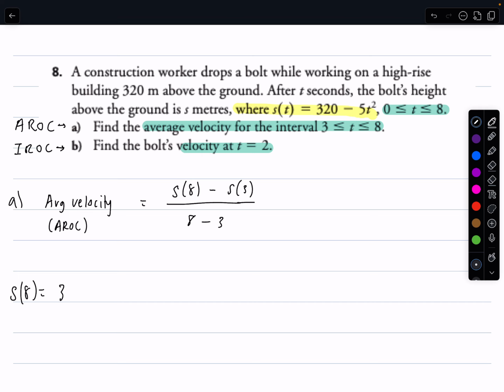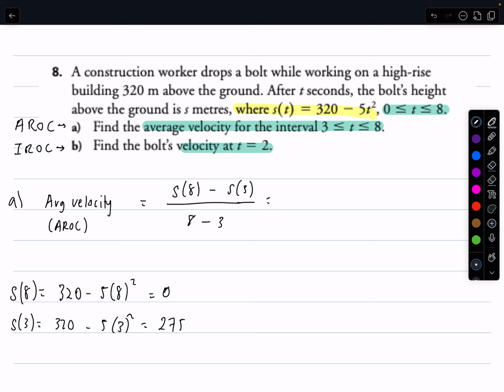So s at 8 is going to be 320 minus 5 times 8 squared. Let's do that in our calculator, and we end up with 0. Just double check. Yep. And let's do s at 3. That's 320 minus 5 times 3 squared, which is 275.